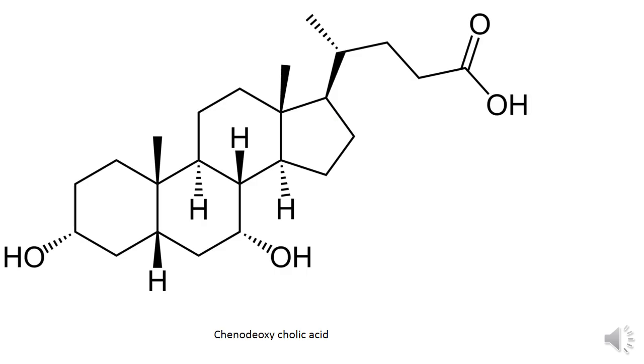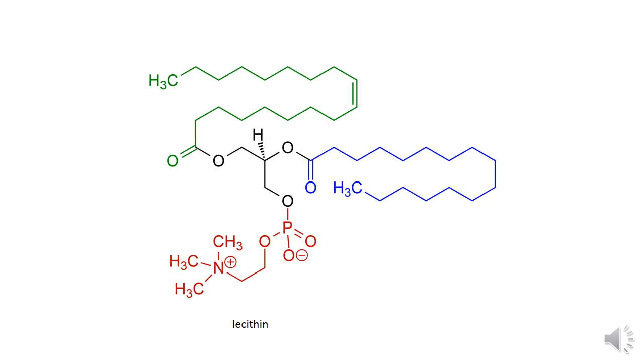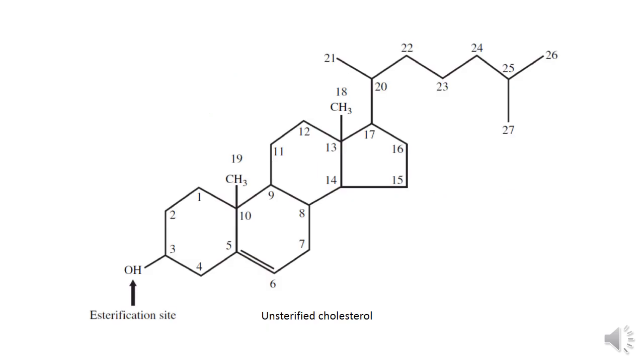This is chenodeoxycholic acid, which is another example of a bile acid component of bile. This is lecithin, which is an example of a phospholipid, a component of bile. And lastly, this is cholesterol, which is also a component of bile solute. This unesterified cholesterol is also known as free cholesterol. It is an active form as opposed to cholesterol ester, which is a storage form.